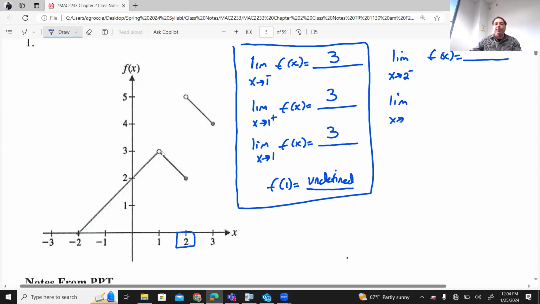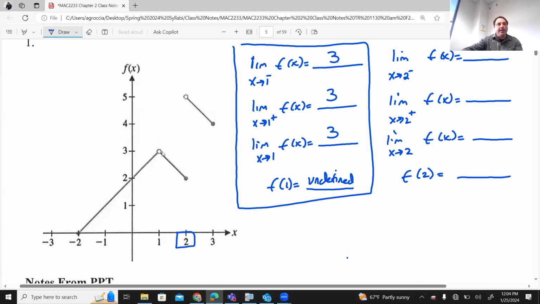The limit as X approaches 2 from the right. And the limit as X approaches 2. And a completely separate question, what happens when you plug in 2? Okay, take some time. I'm going to walk around, see if you have any questions.